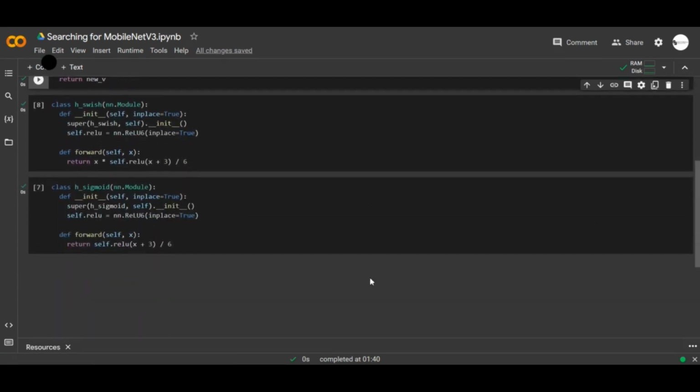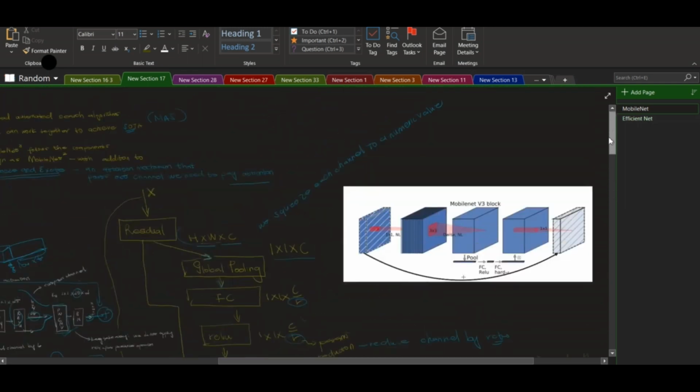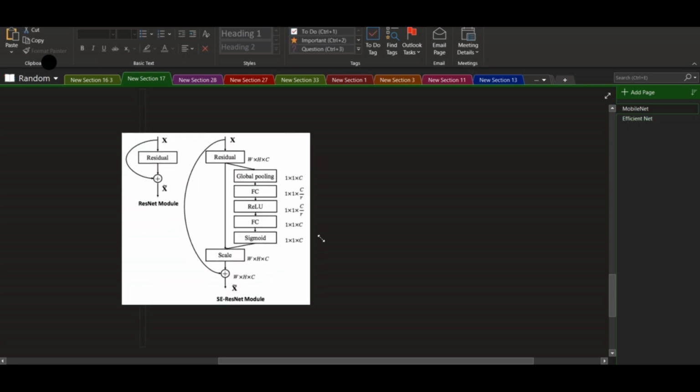Continuing. Before we continue, we want to code up the squeeze and excite block. This one looks messy because we already wrote in a lot of things, so let me just paste this image here so that you can understand.